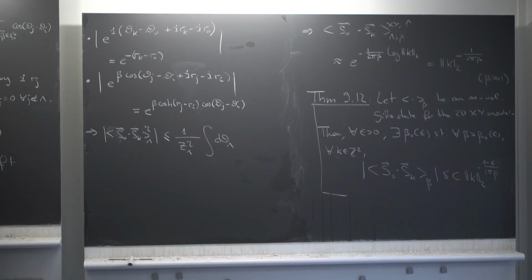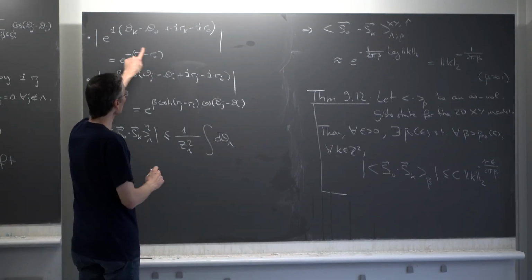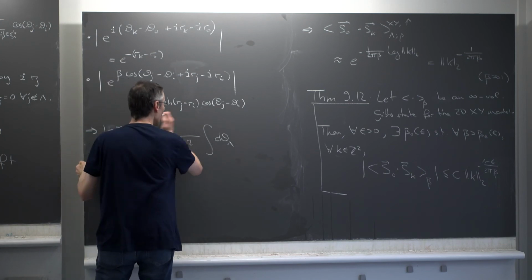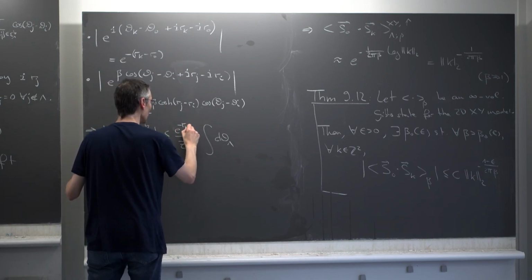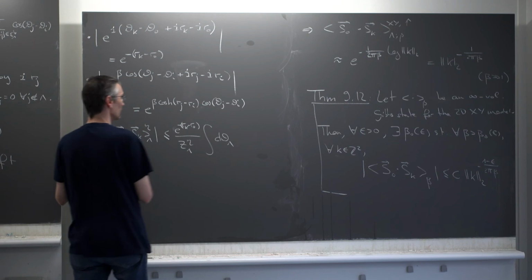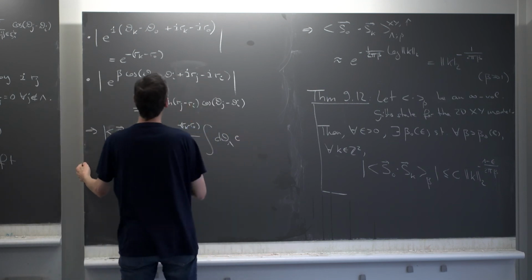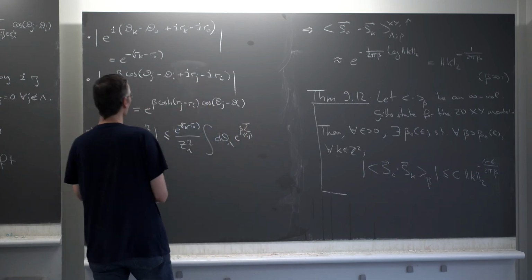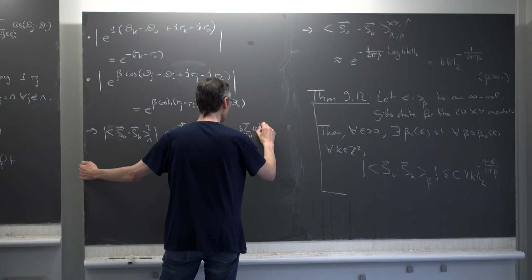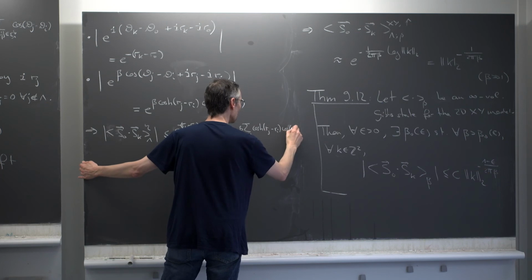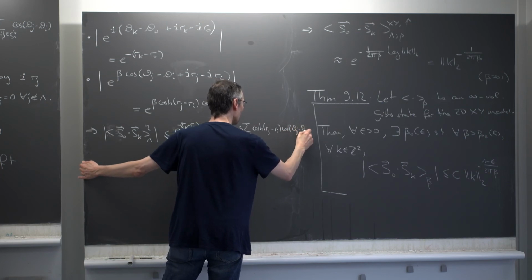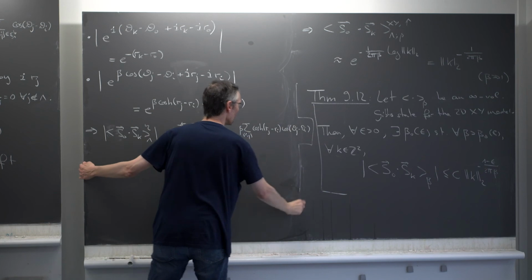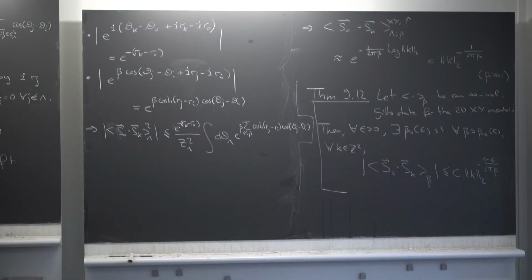And then I get this term, which does not depend on θ, so I can take it out. So it's e^{−(r_k − r_0)}. This is good. Then I still have e^β, sum over all ij's as before, let me not write the details, of cosh(r_j − r_i) cos(θ_j − θ_i). That's what you get.